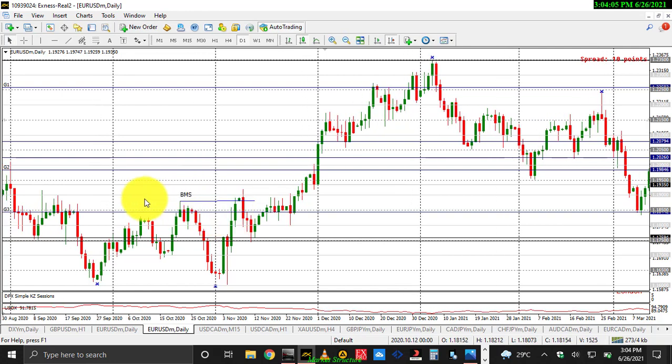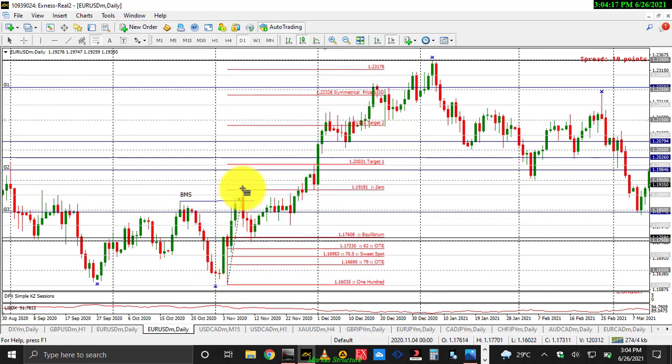So when this thing happens, what you have to know is that price will only have to retrace about 50% of the range. Okay, so price makes a pullback. 50% of the range is here, 1.1760 thereabout, which is the midpoint of this range.